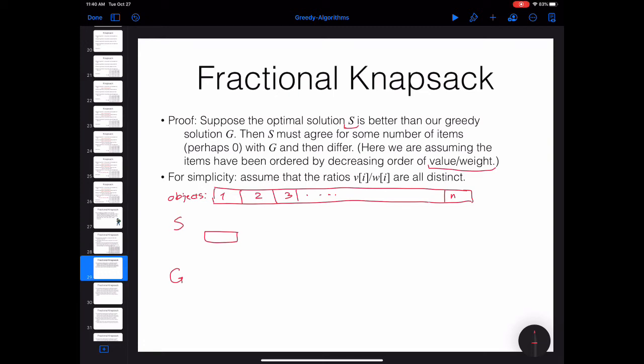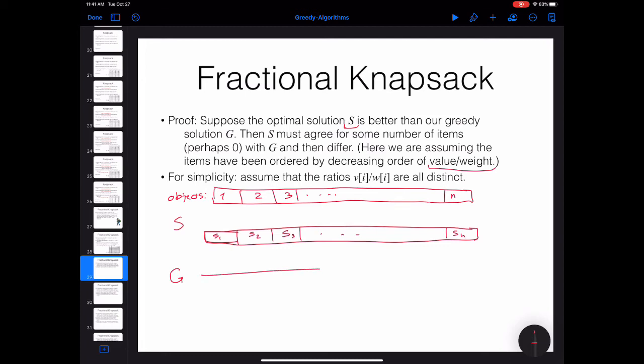Okay, and S tells me how much from object 1 you have taken. Let's call this one S1. How much from object 2 you have taken in the optimal answer, let's call it S2, S3, until Sn.